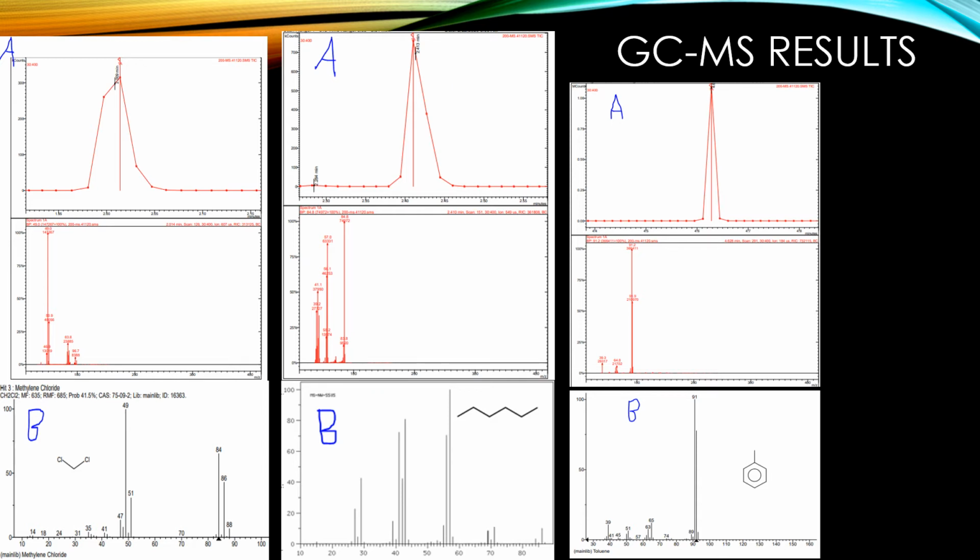The next one in the middle, we have image A of the second peak of the chromatogram, and A1 is the enhanced version showing the different properties of the peak. Image B is a close match of A1, which is hexane. The base peak of the chromatogram is found at MZ equals 57, which is the butane cation. 43 and 29 are both abundant as well.